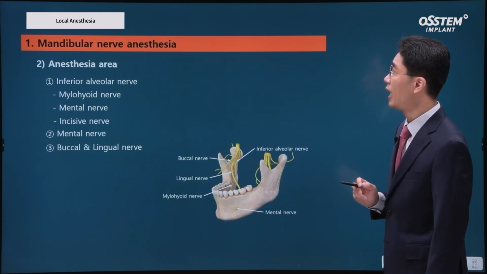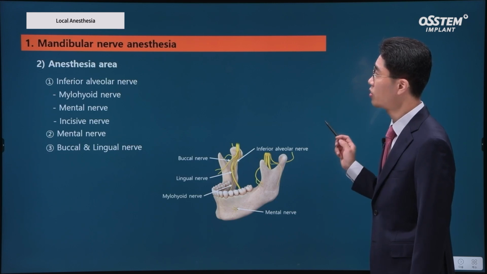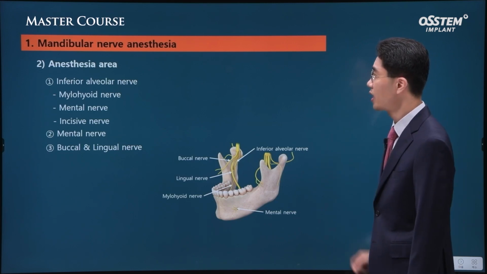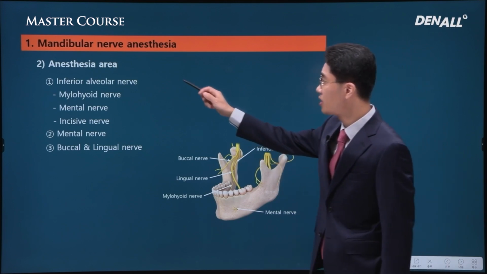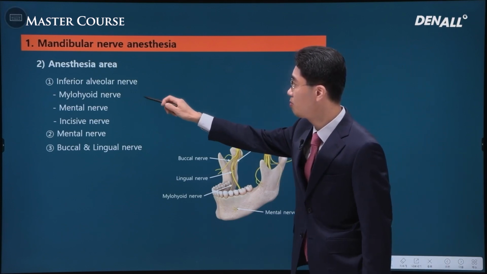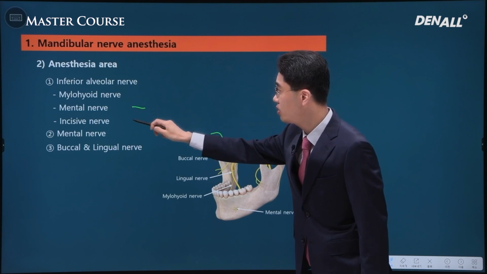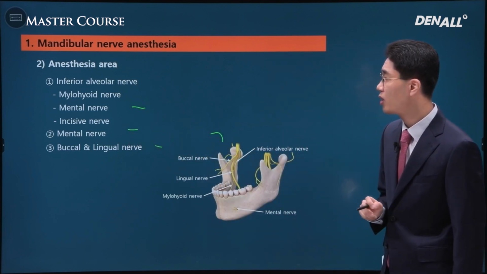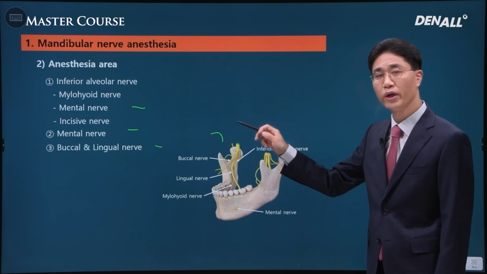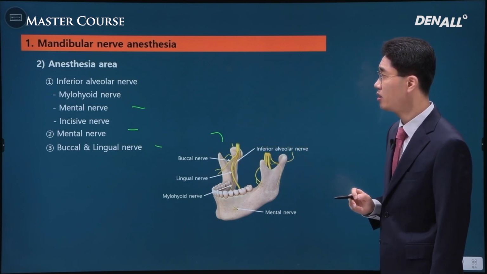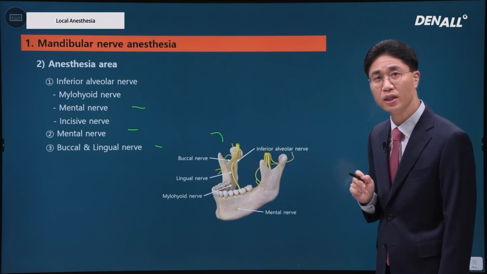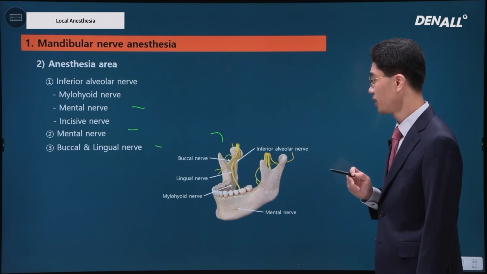In doing anesthesia in the mandible, we need to understand the basic anatomic structures. As mentioned, inferior alveolar nerve, mylohyoid nerve, mental nerve, incisive nerve, buccal, and lingual nerve. You need to understand the basic position and structure of these nerves in order to do a proper job in anesthesia.